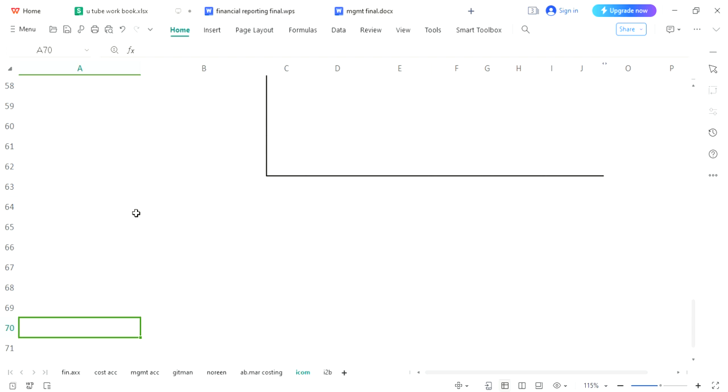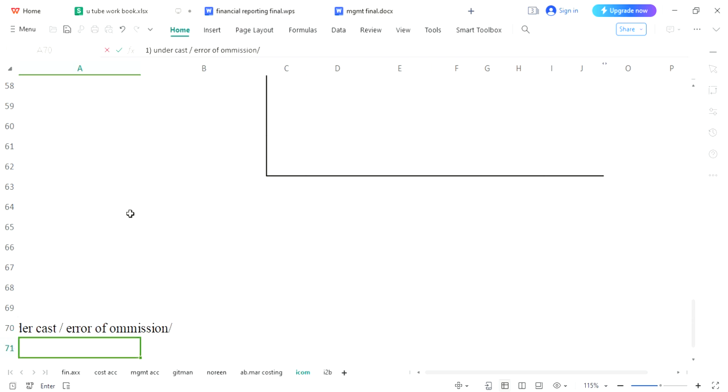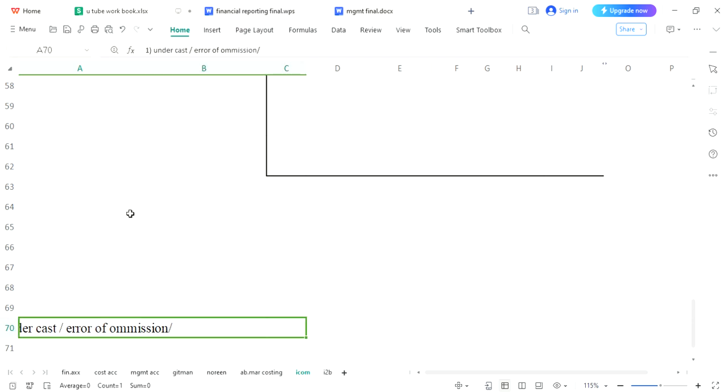The first error which we have understood is undercast. Undercast means error of omission, and we have discussed it is when you have written less than the required. So this is your first error, and you have decided the solution for this as well.